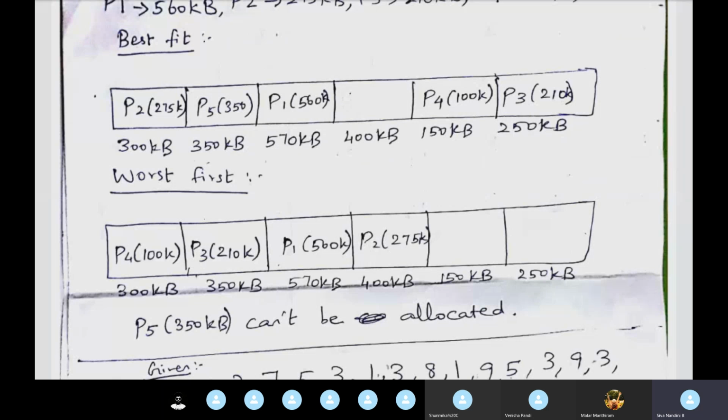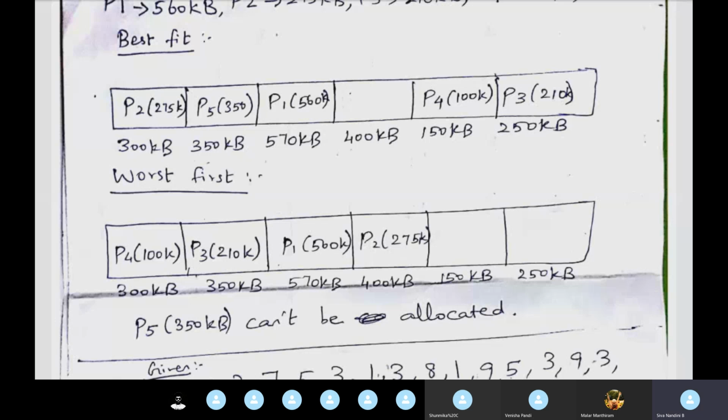Process P3 will be accommodated in the next highest partition, that is 370 kilobytes. Then process P4 will be accommodated in the next highest partition, that is 300 kilobytes.